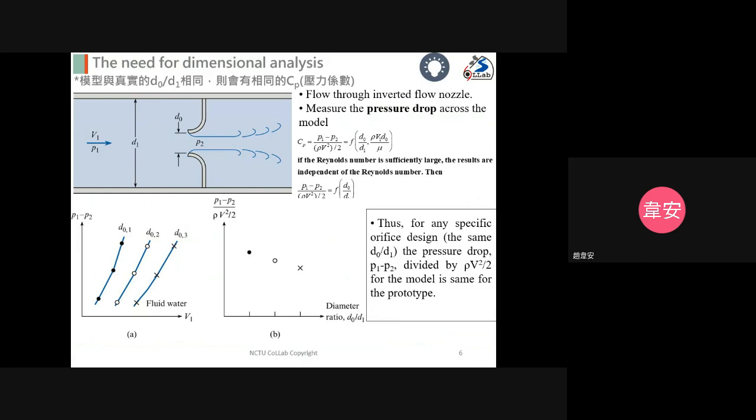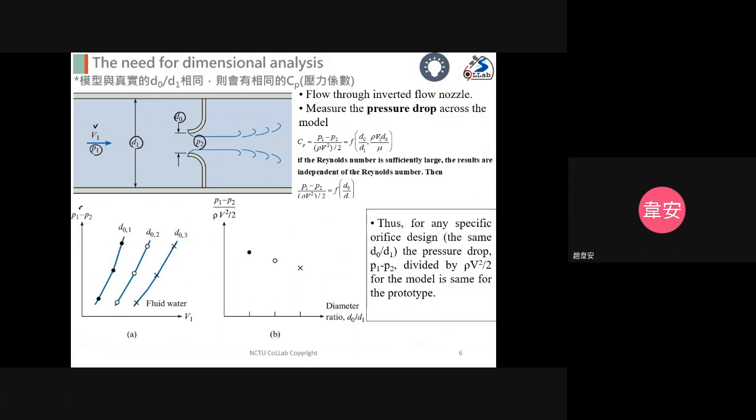As you can see, this is our free stream velocity, and we have the diameter d1 and the small diameter d0. This is the pressure p1 for the free flow field, and this is the pressure p2 in the small diameter region. We make one plot.